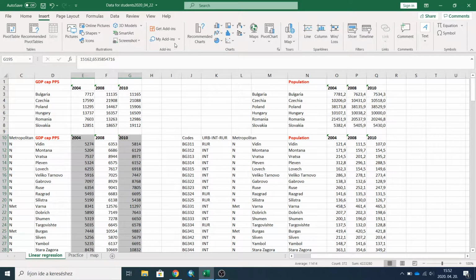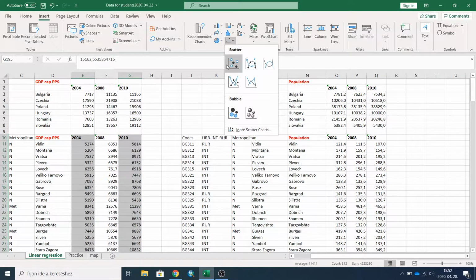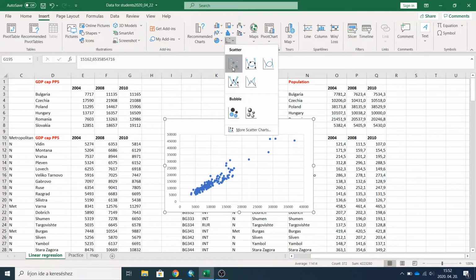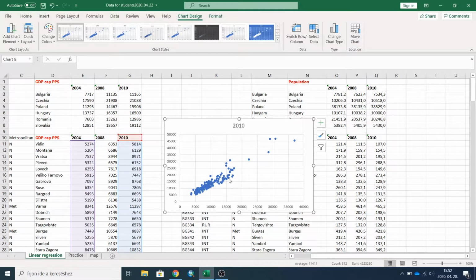Same situation: insert charts, scatter dot, and after that you click left. There is no problem if you cannot see every point in this situation.